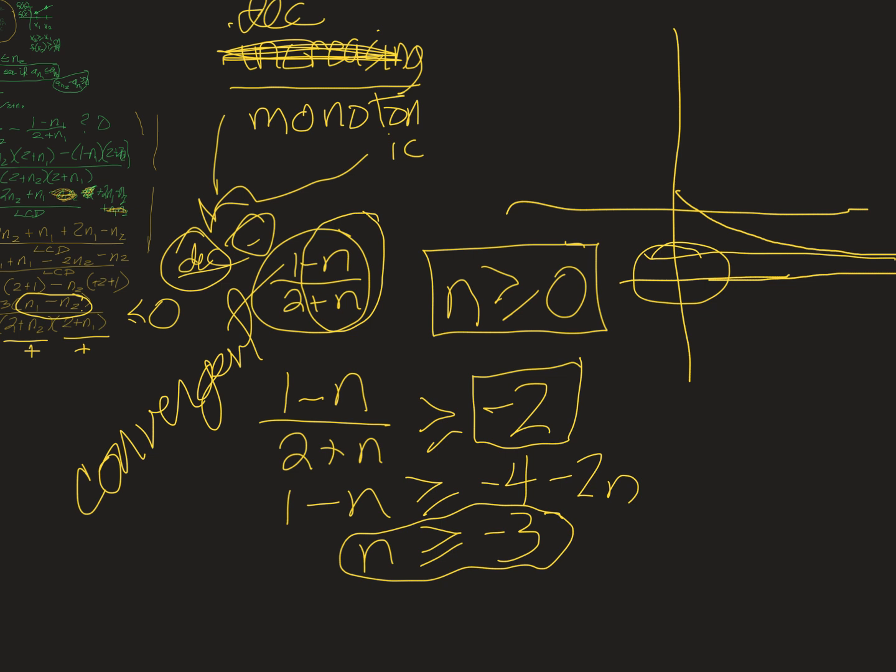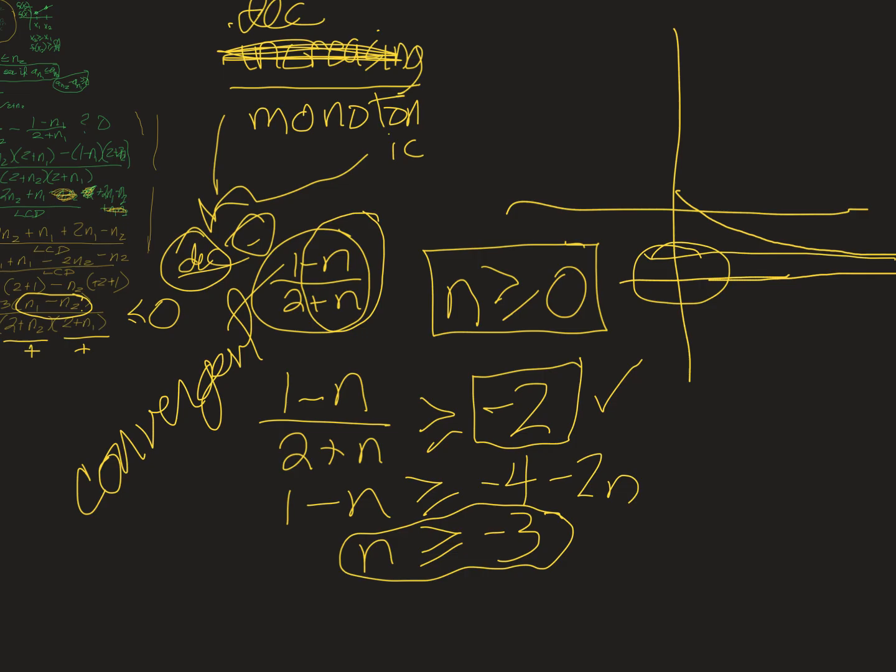And horizontal asymptotes are what we're looking for here. They're the bounds of the sequence. But it just has to be bounded. It doesn't say you have to bound it by the exact value of the sequence. You just need to bound it. So that's monotonic, and I wanted to make sure we did one of those problems so you could think about it. Okay? All right, I am done with this part of the video.